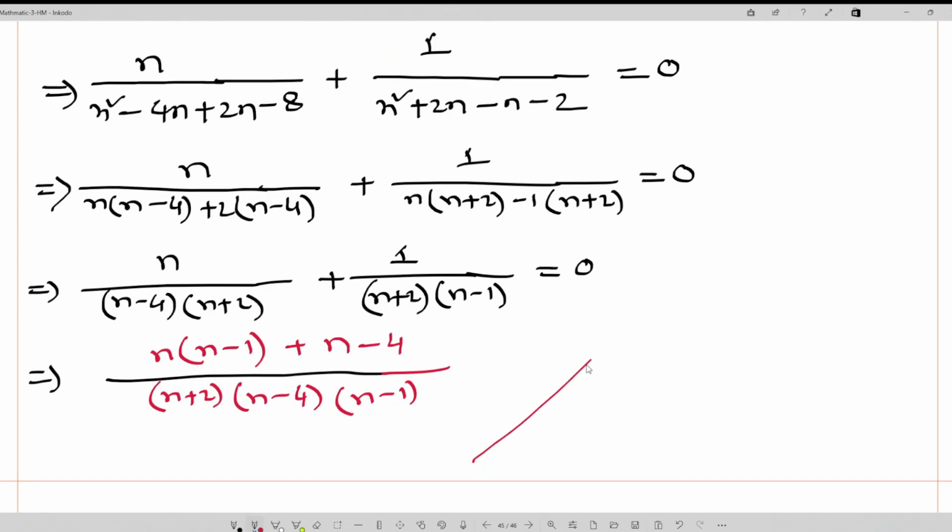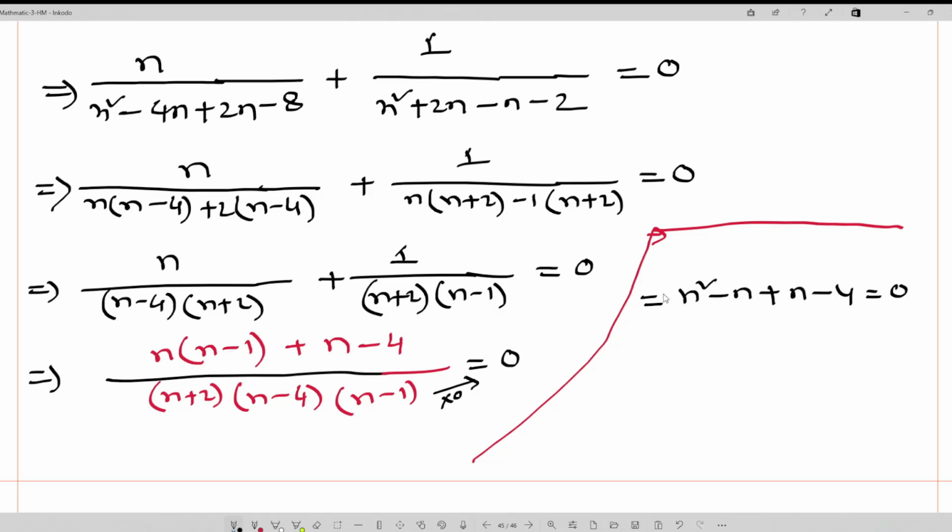Then we can write here equals 0. So we can do one thing: once we multiply by this one, 0 stays 0. So we can write here n square minus n plus n minus 4 equals 0.